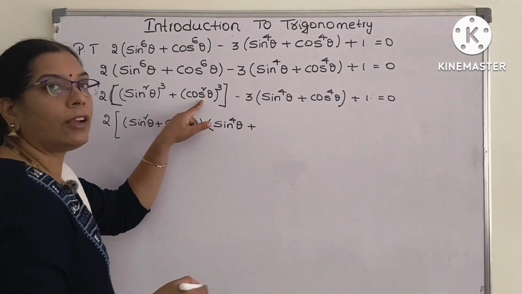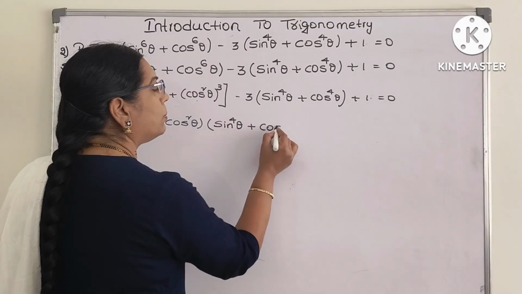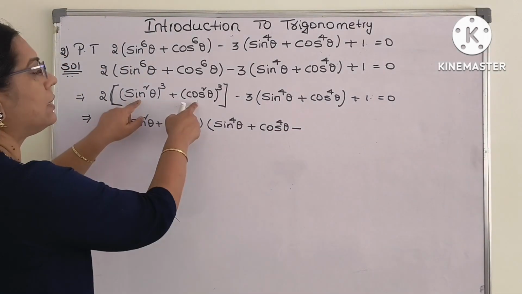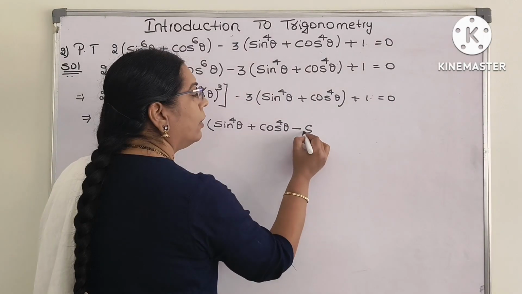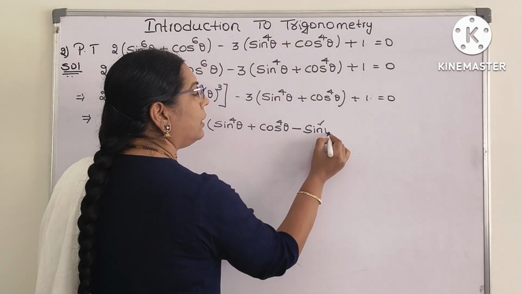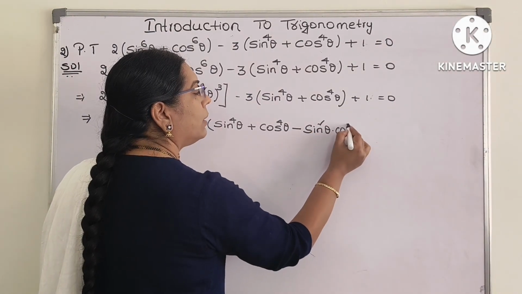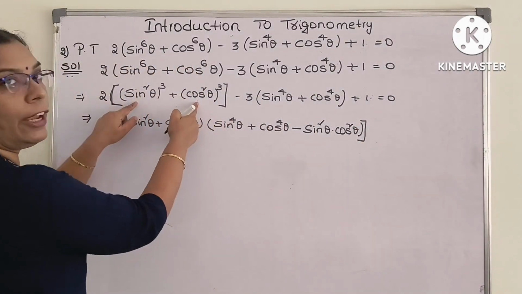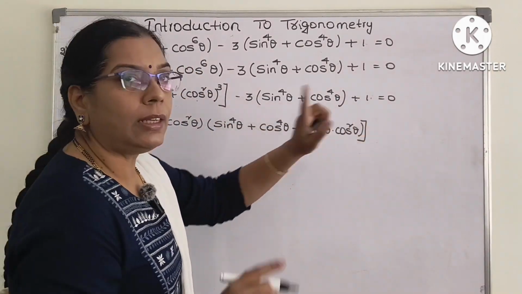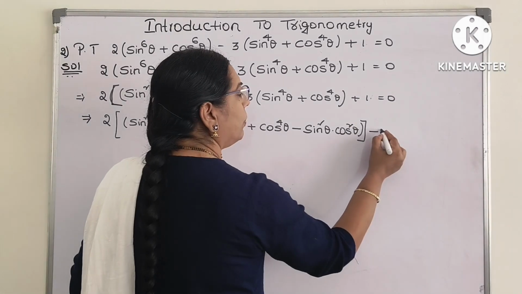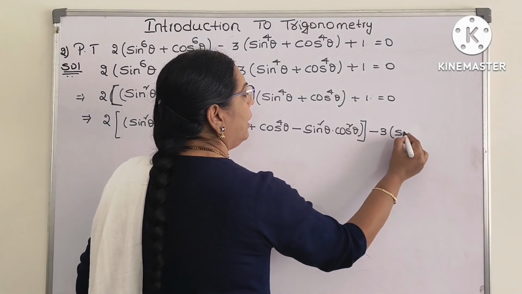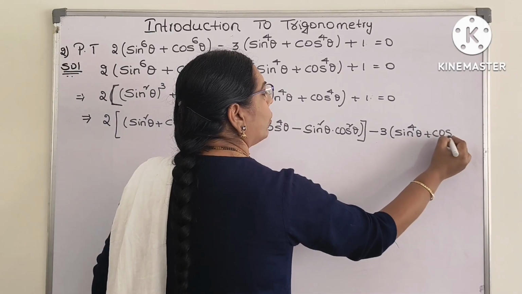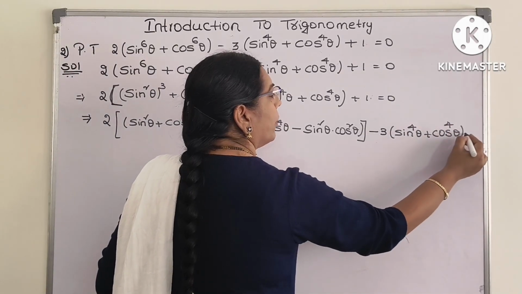B square is the square of cos square, so cos power 4 theta, minus AB, that is minus sin square theta into cos square theta. So we are done with the expansion of A cube plus B cube. Then write the rest of the terms as they are: sin power 4 theta plus cos power 4 theta plus 1.